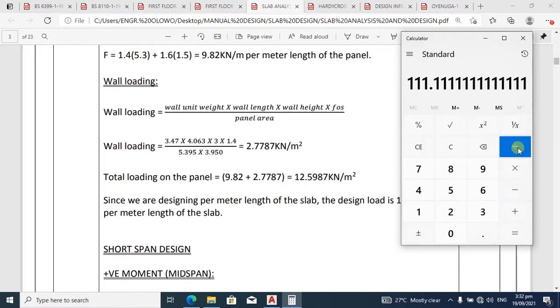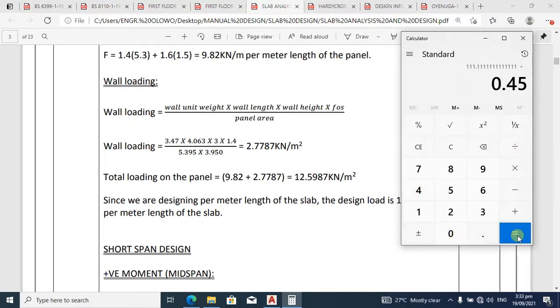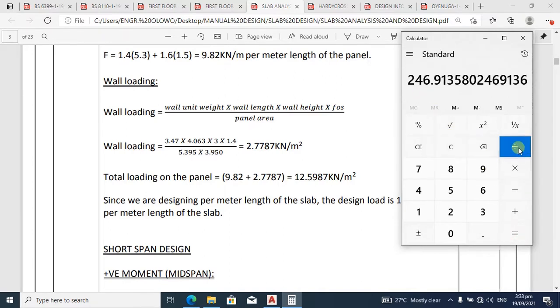Then you divide again by the length of the block, that's 0.45, that's 450. Then you have this. This is already in kilogram per meter square, so let's convert this to kilonewton per meter square. We divide it by 100, so we have 2.47 approximately.